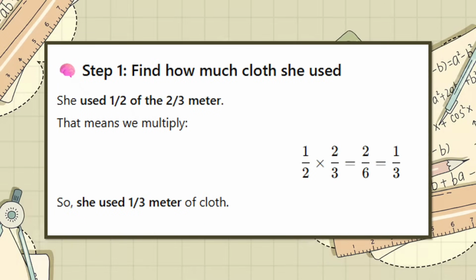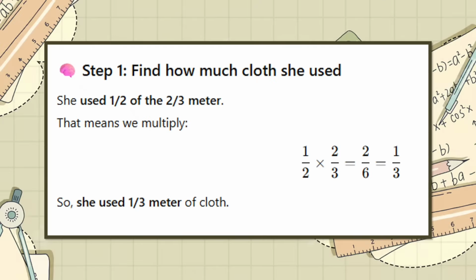So how do we solve for that? Step 1, find how much cloth she used. She used 1/2 of the 2/3 meters. So that means we multiply. So 1/2 times 2/3 is equal to, we multiply the numerators. So 1 times 2 is equal to 2.